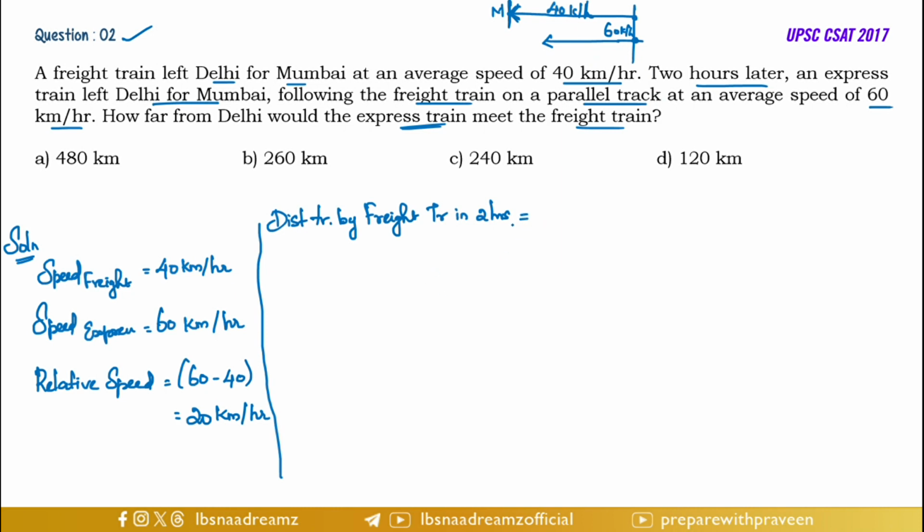Distance is equal to speed of the freight train into 2. We know d is equal to s into t, right? So what is the speed of the freight train? 40 into 2 is equal to 80 kilometer.